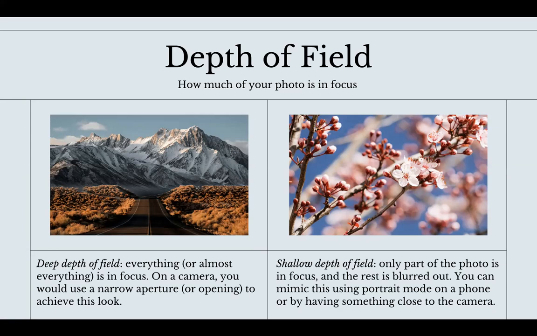In contrast, with shallow depth of field, only part of the photo is in focus and the rest is blurred out. In the photo on the right, only flowers at a certain distance are in focus and the rest are blurred.